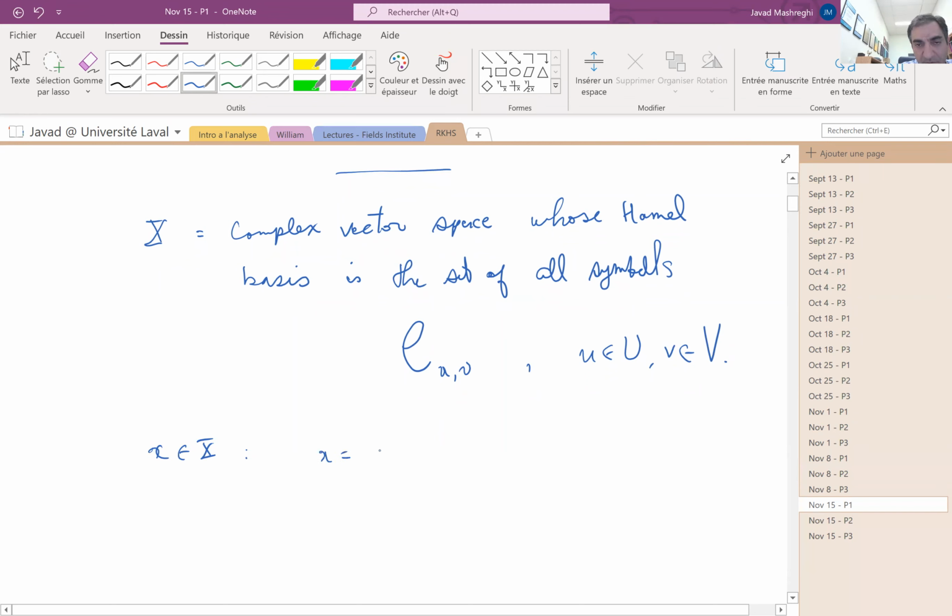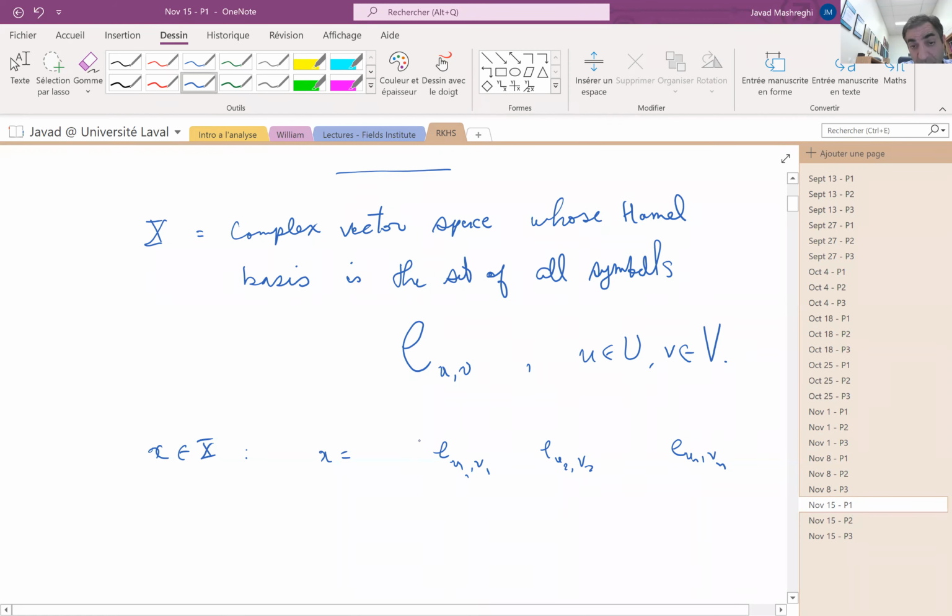X is equal to a finite number of combinations E(u1, v1), E(u2, v2), up to E(un, vn). These are elements of the Hamel basis.